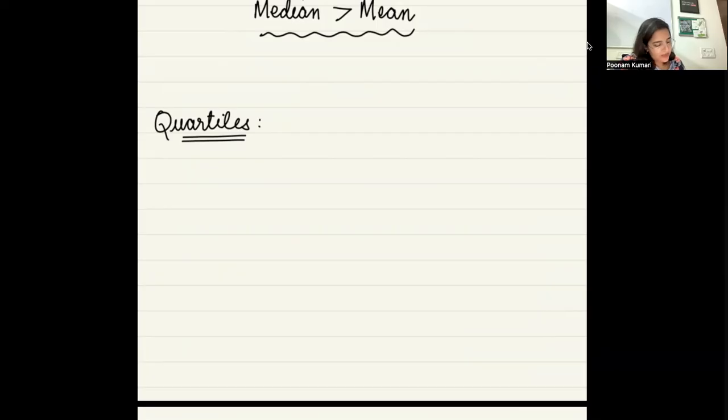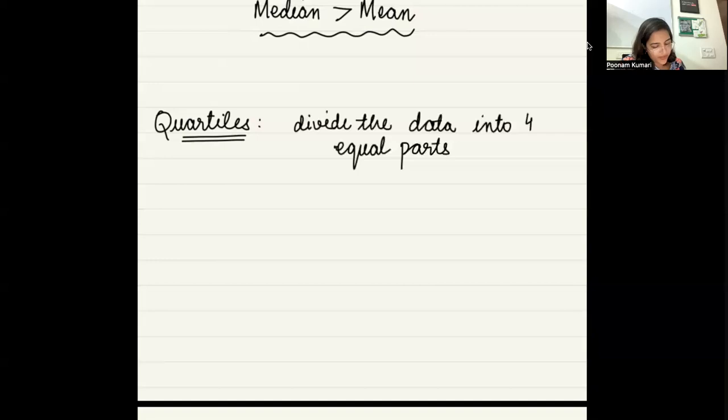So what is a quartile? If you divide the data into 4 equal parts, you get quartiles. So how many quartiles will you have? To divide the data into 2 equal parts, how many numbers do you need, which is the median?